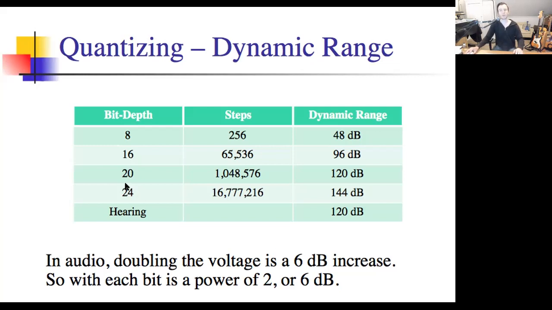And so forth. So if we go up to 24-bit, we now have 16,777,216 values, which is 144 decibels, which is more than the human range of hearing. Human range of hearing is about 120 decibels technically, just like our frequency range of hearing is around 30 hertz to about 20,000 hertz.